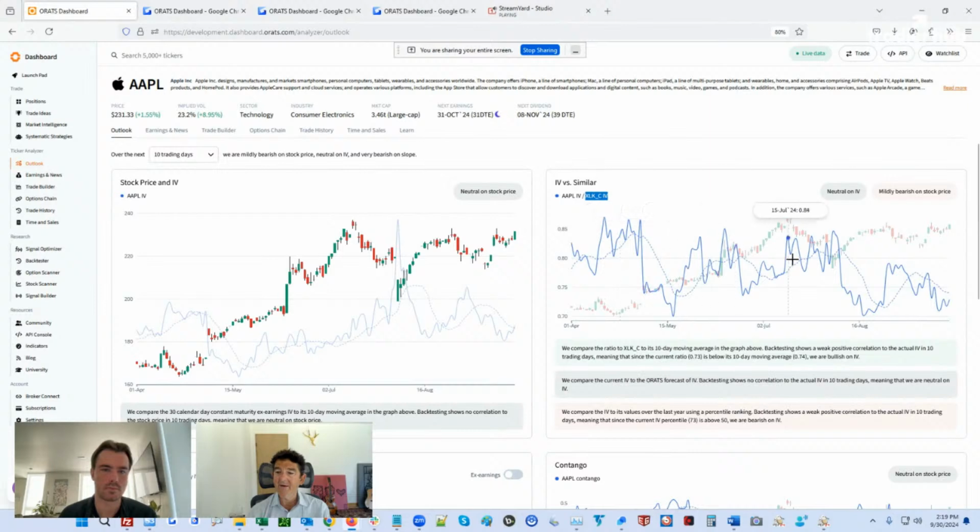And to that end, it's on the low end. So this is another reason we think implied volatility is a little bit cheap right now in Apple.